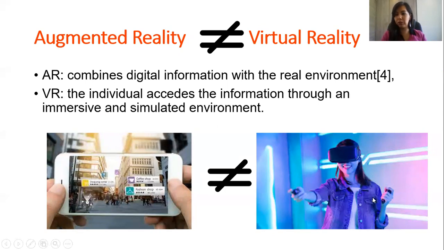Here, in virtual reality, we have a simulated environment and we need extra technological devices. But with augmented reality, we can see, just with a mobile or an iPad, what is happening. We can see what kind of stores we can find in this street, even when we don't have the signs of them here.